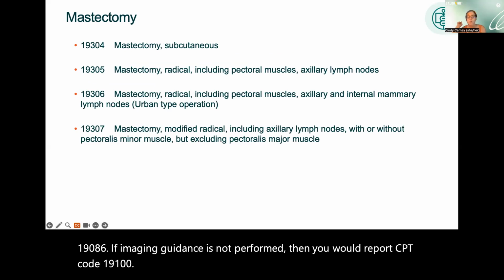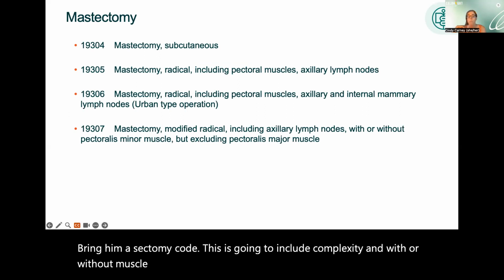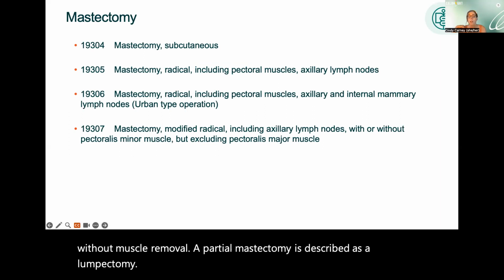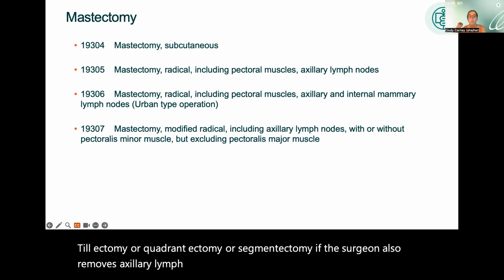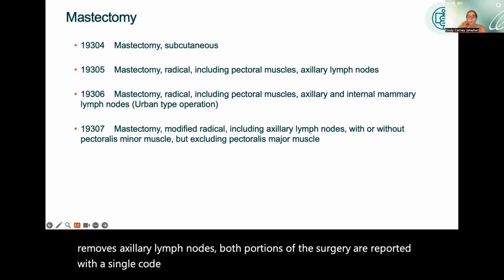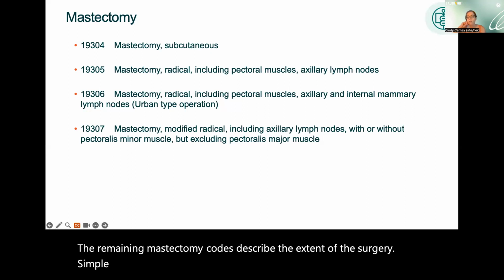For your mastectomy codes, this is going to include complexity and with or without muscle removal. A partial mastectomy is described as a lumpectomy, tylectomy, quadrantectomy, or segmentectomy. If the surgeon also removes axillary lymph nodes, both portions of the surgery are reported with a single code. The remaining mastectomy codes describe the extent of the surgery. Simple complete is the removal of just the breast. Radical includes the pectoral muscles and axillary lymph nodes.